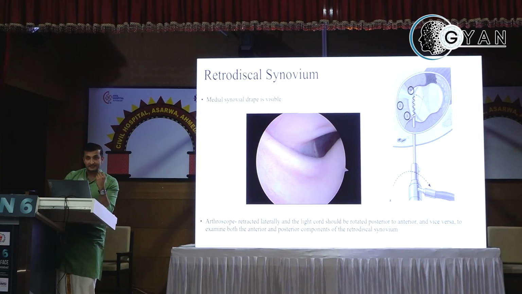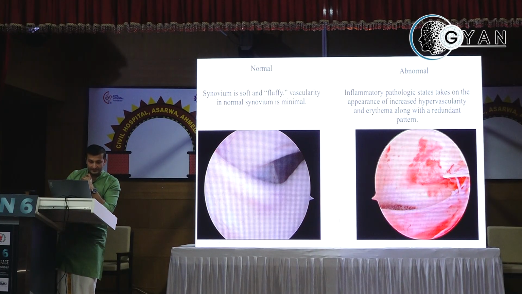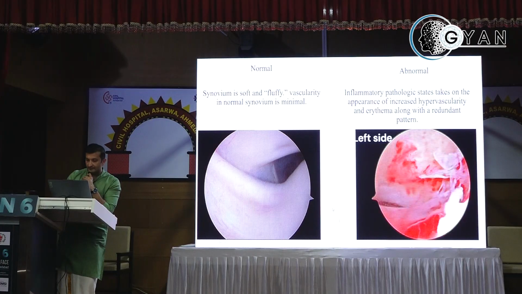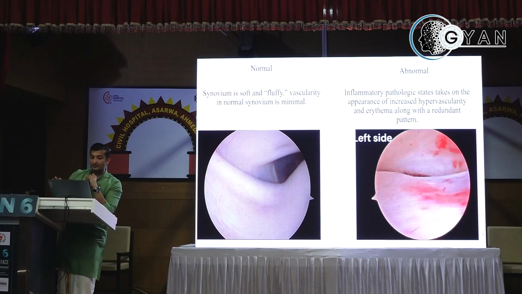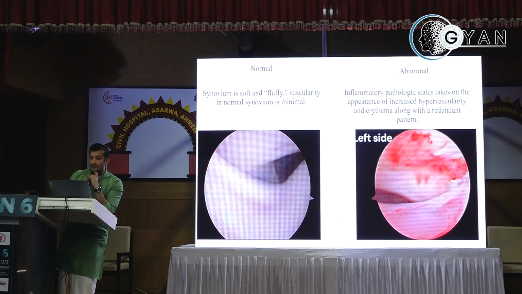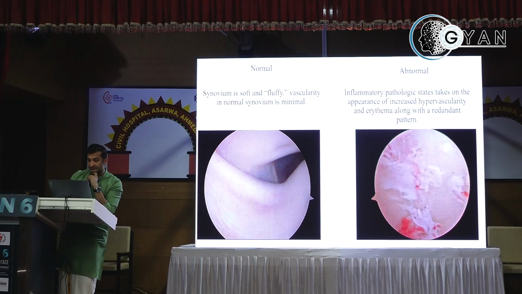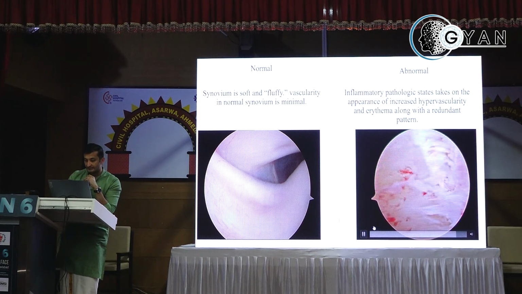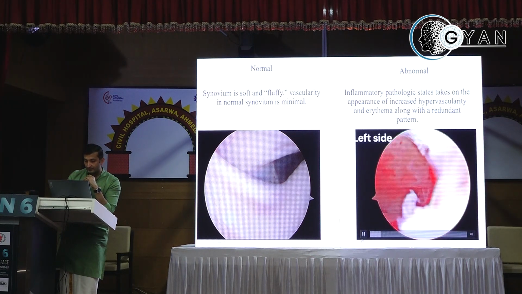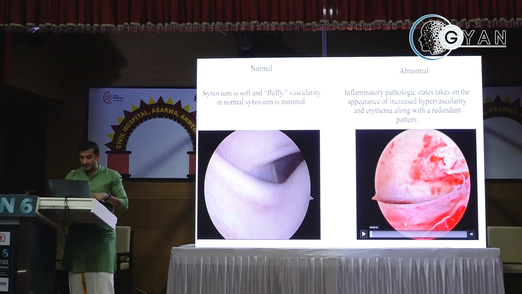Now coming to the retrodiscal tissue. Retrodiscal tissue, you know that it is innervated and it is attached to the posterior part of the disc. So to give you a normal perspective, so that's a pathology. Okay, so you can see that the disc is anterior here, and your retrodiscal tissue here, which is inflamed again.